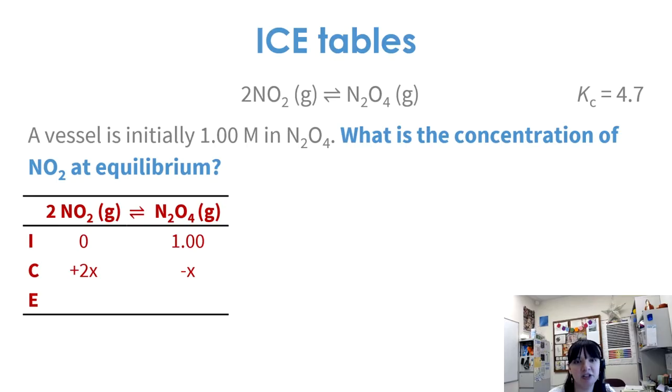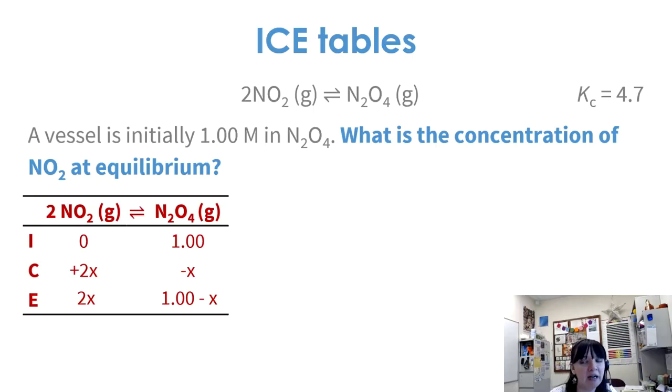Again, pay attention to our molar coefficients and which way the change is being added. In this case, we're adding to the products because we didn't have any product to begin. And so in my final line here, I can show the equilibrium concentrations of each of my reactants and products. For the NO2, we have 2x, and then for the N2O4, we have 1.00 minus x as its equilibrium concentration.